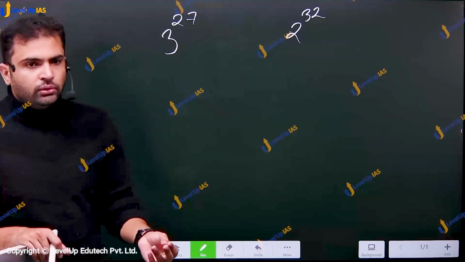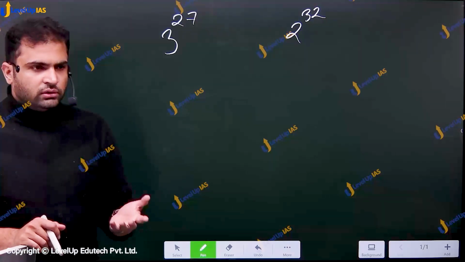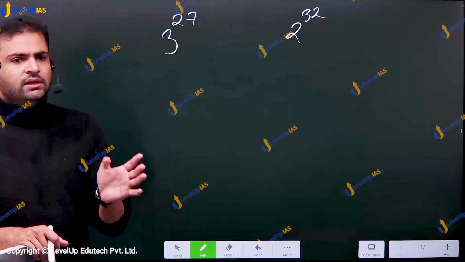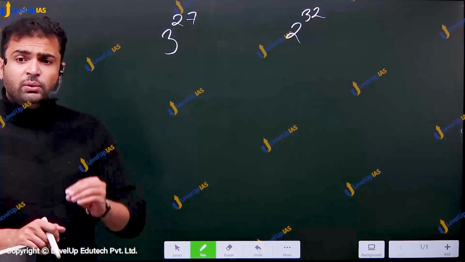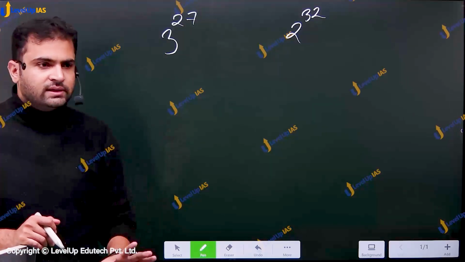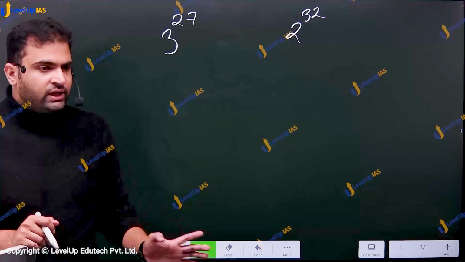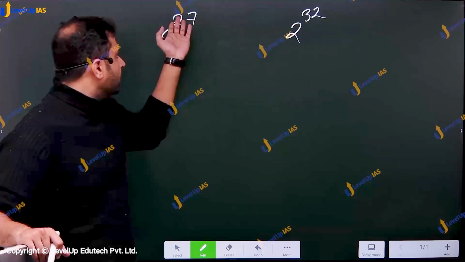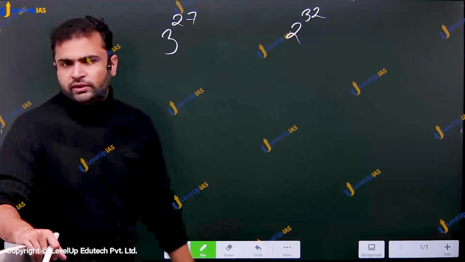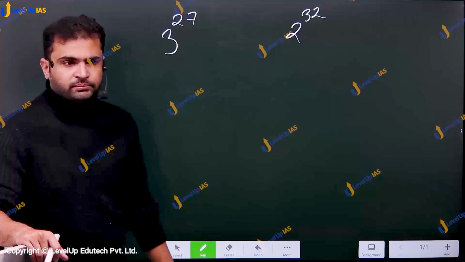But powers of 2 are comparatively growing very, very slowly. 8, 16, 32, 64, they are still less than 100. Even at power 6, they are still less than 100. Power 7 goes to 128 and 256. It's very slow compared to powers of 3. And when I see here 32, here 27, there is not a lot of difference. So I feel that this number would be larger.